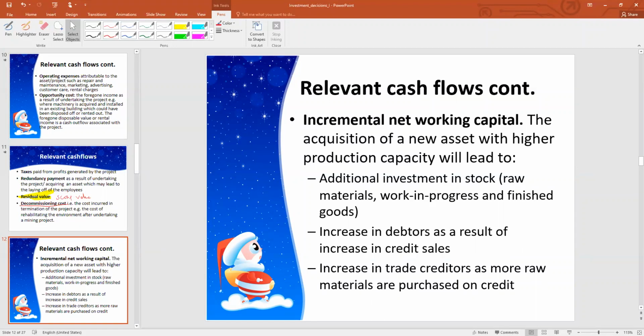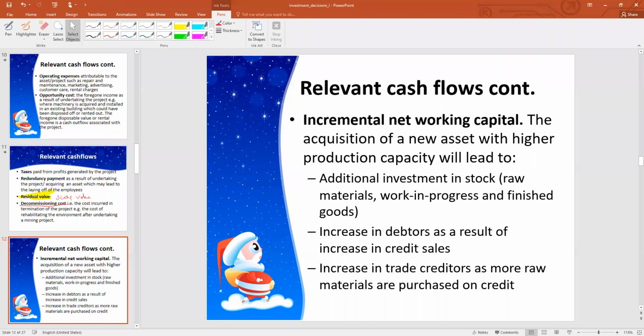You may have to sell to the customer on credit, so you are investing in your customer. Suppliers may also be investing in you. So the net amount of investment, simply the current assets you have invested minus current liabilities, the net working capital, is a cash outflow when you invest in it.